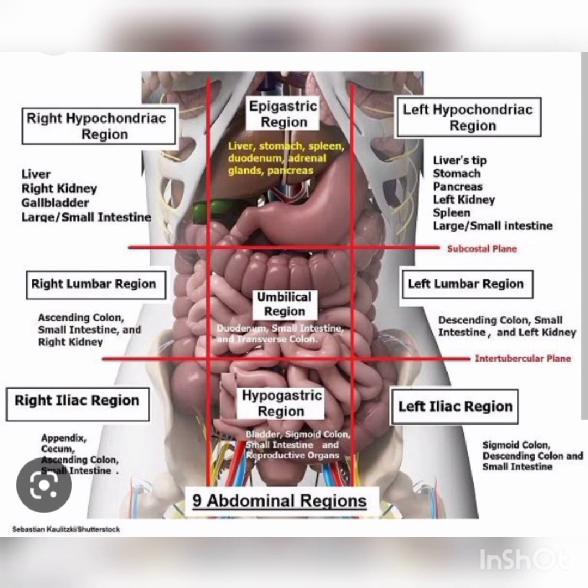And on your left side, the left iliac region, you can see the sigmoid colon. Part of the sigmoid colon lies there, as well as the descending colon of the large intestine and also the small intestine. These are all the 9 regions which are very important for you to remember.